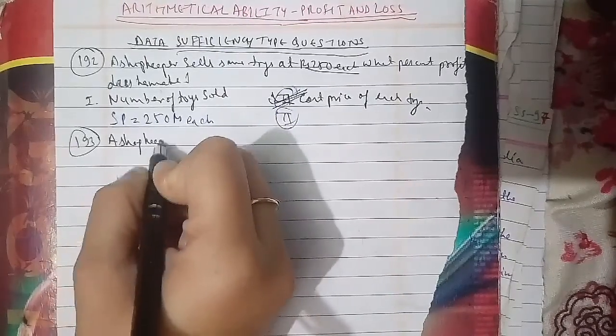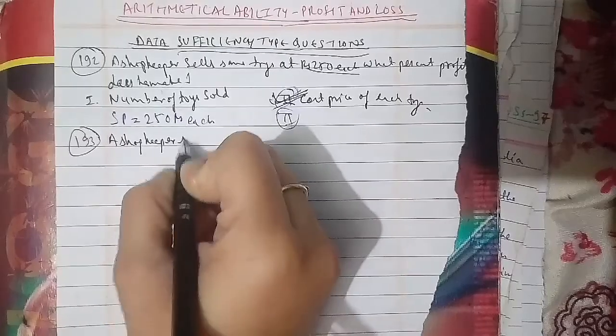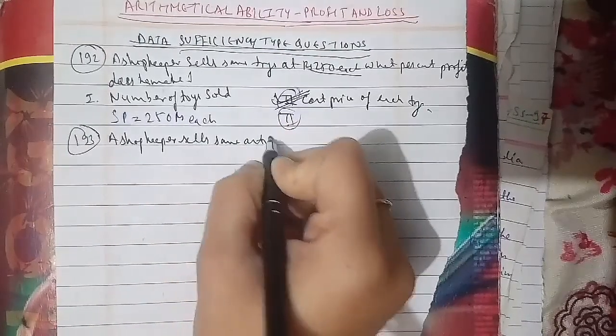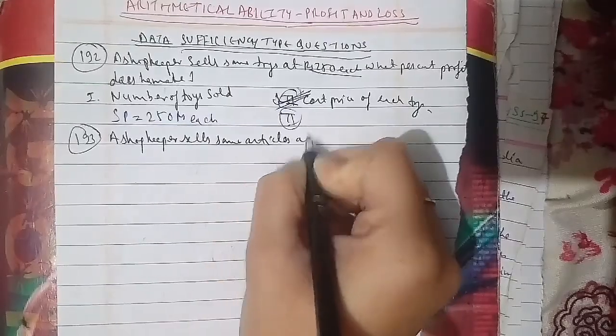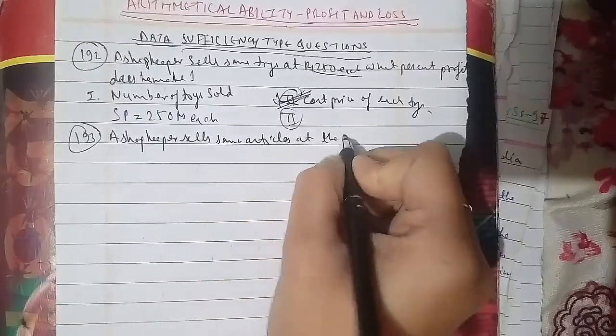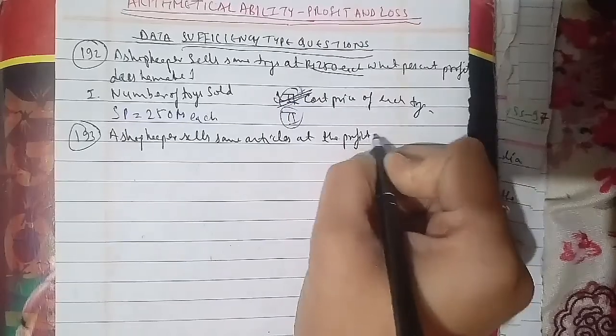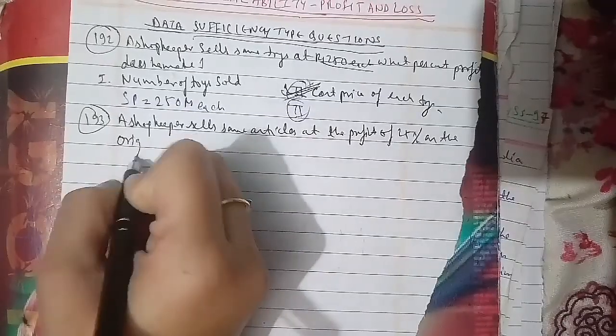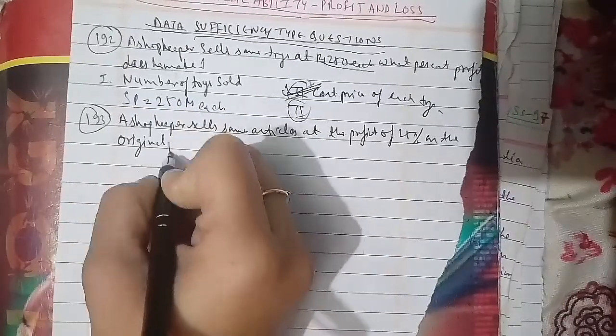A shopkeeper sells some articles at a profit of 25% on the original price.